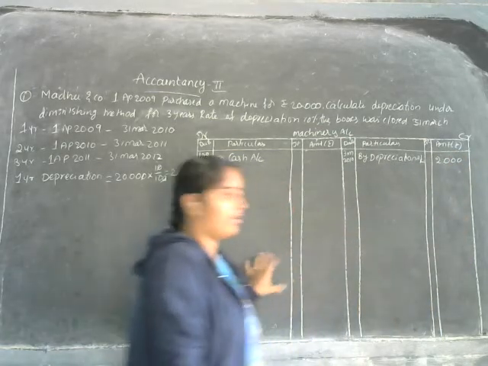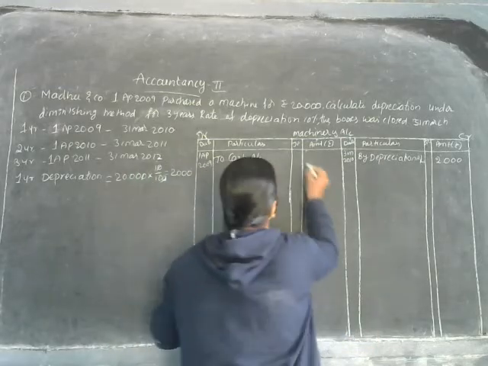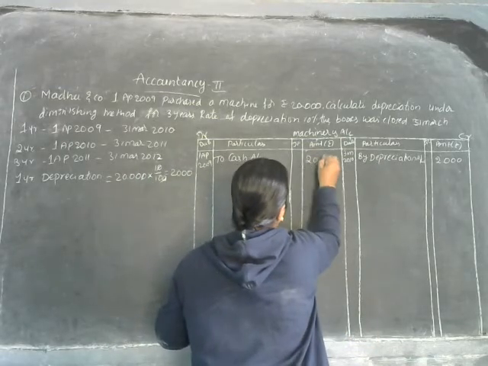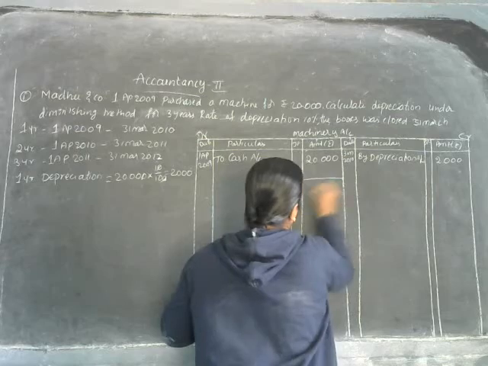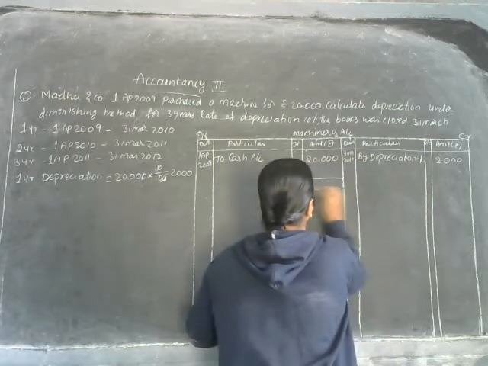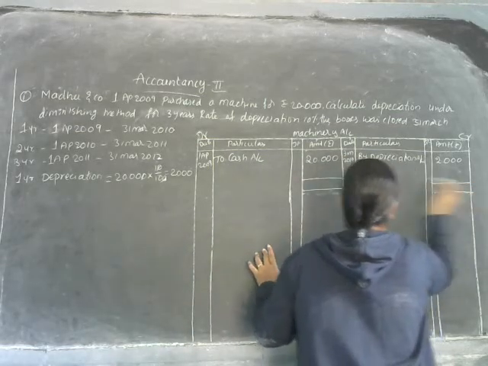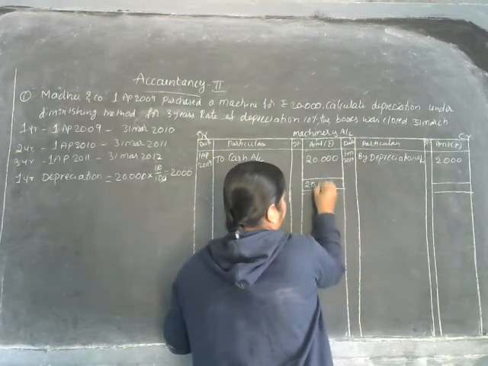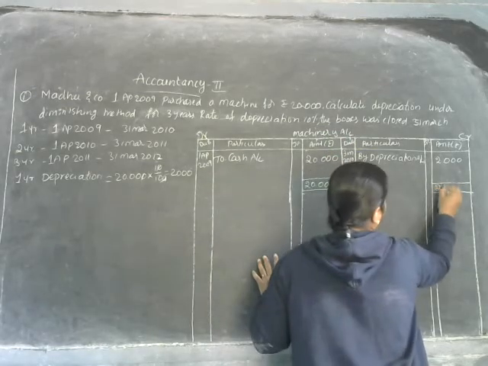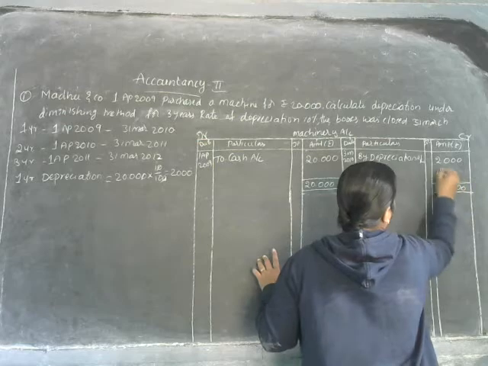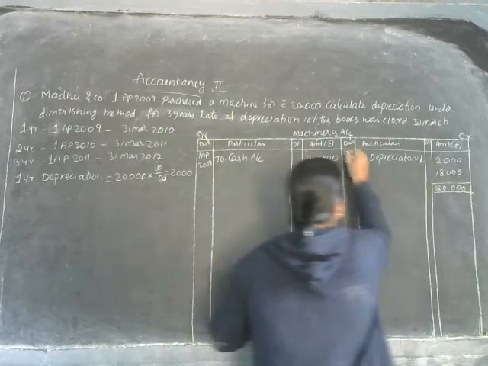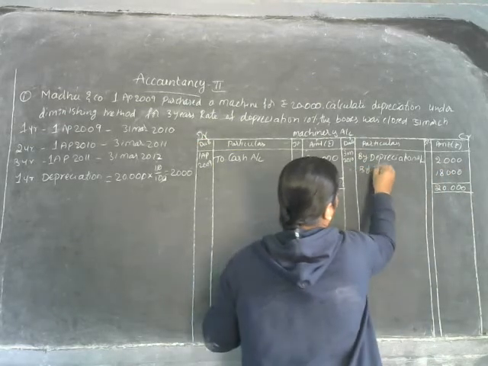Okay, and find out the balance amount now. What is the cost of the asset? 20,000. Now find out the balance amount. Debit side 20,000 is there, credit side 2,000. And what is the balance amount? 18,000. Same rate we have to take right here.